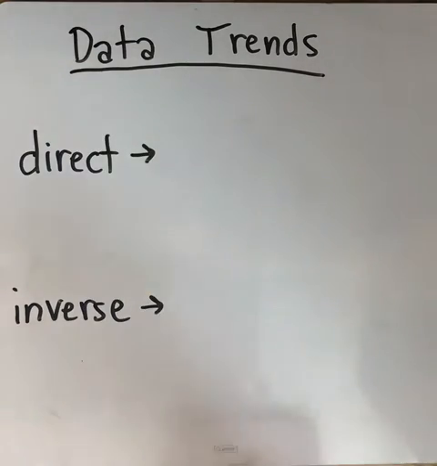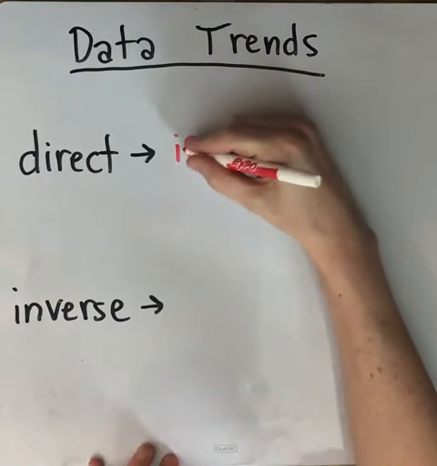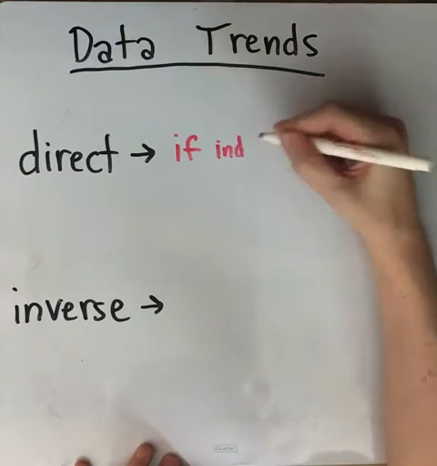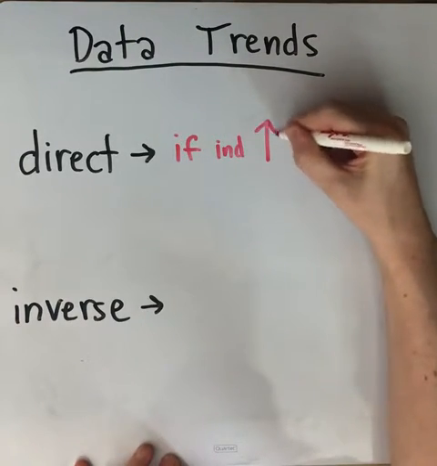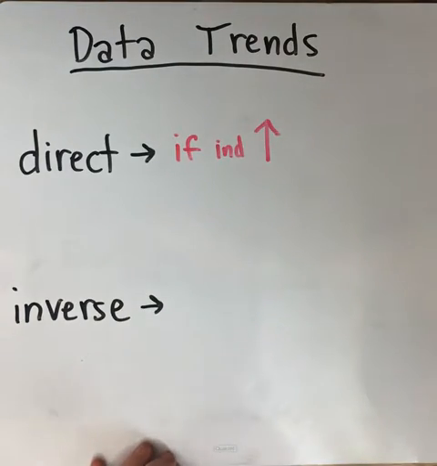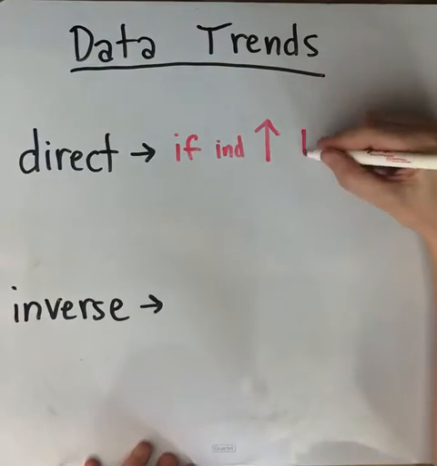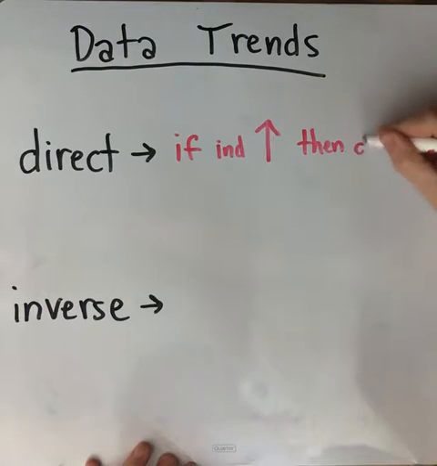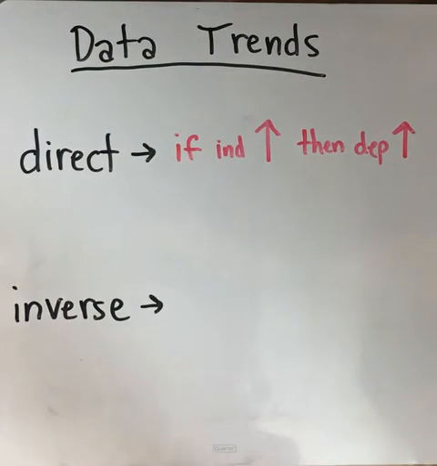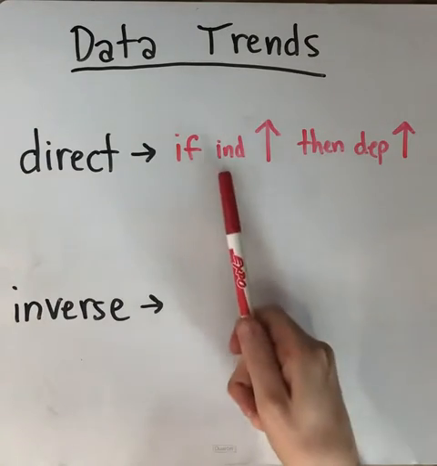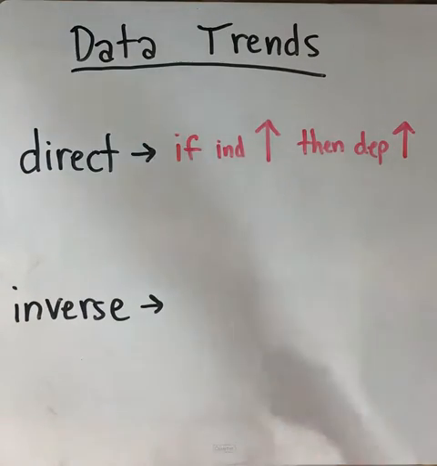In this type of trend, if the independent variable increases, I'm just going to draw an arrow, then the dependent variable also increases. So in other words, both variables are doing the same thing. They get big together or they get smaller together.